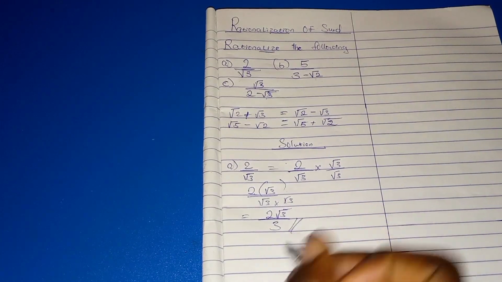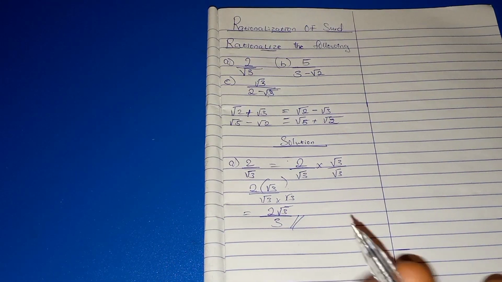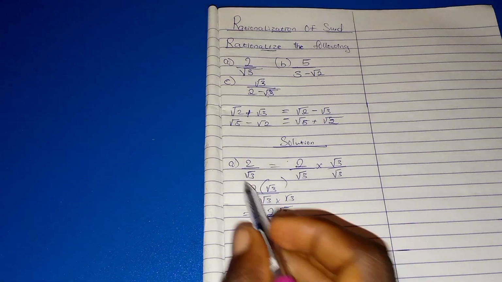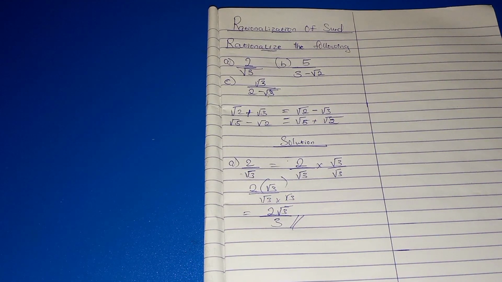So this is the final answer to this question. We have rationalized this, and at the end of this problem, we have removed the root form that was in the denominator. Rationalization is a process whereby at the end of a given problem, we remove the surd value that is in the denominator.